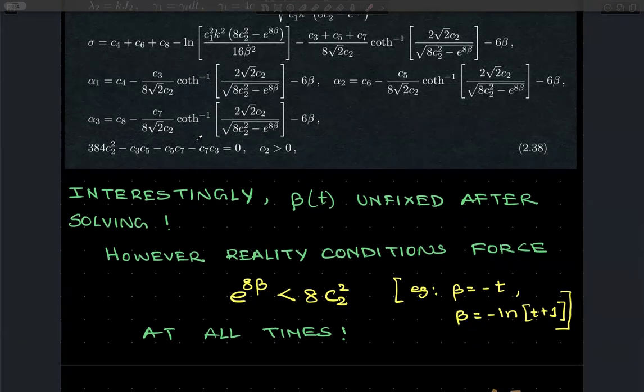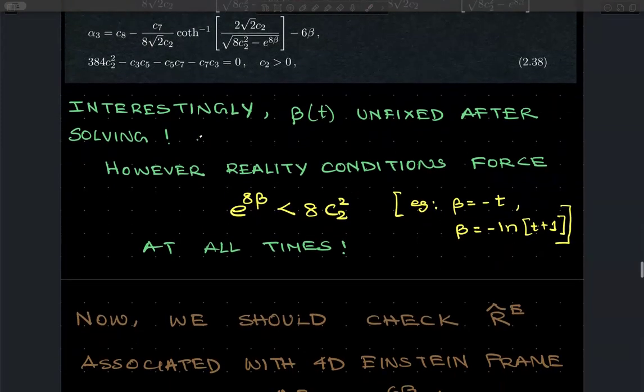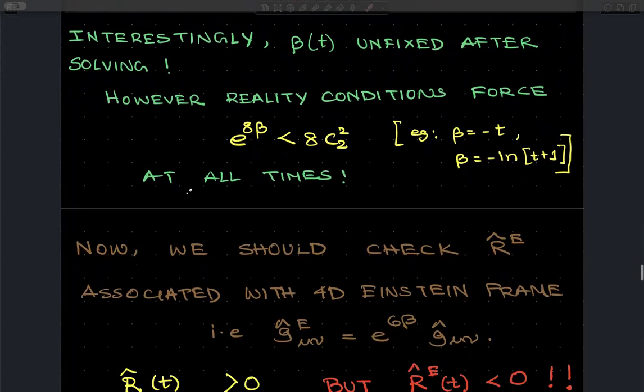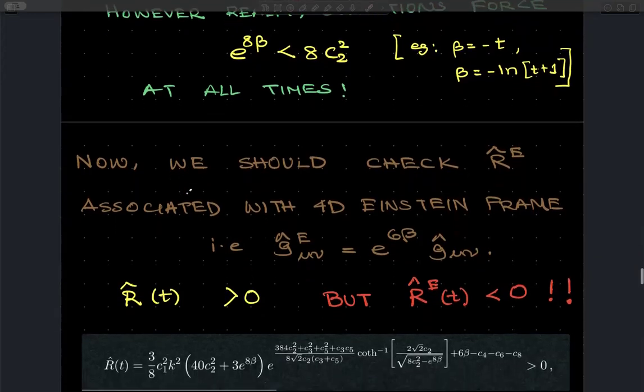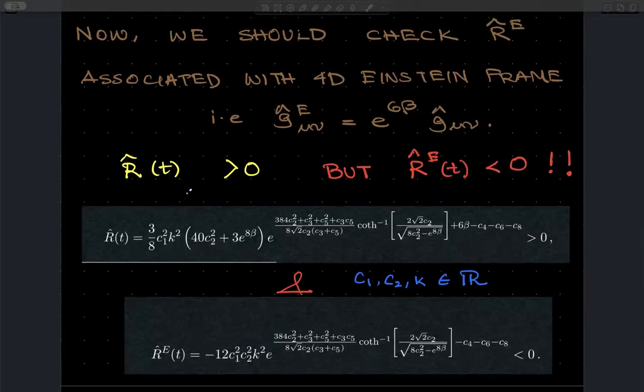This is the case where we have set G3 to be 0 and tau to be constant. Now we should check if we can get r hat e to be, what is r hat e? In our case, r hat is positive, but the Einstein-frame Ricci scalar turns out to be negative, and it is strictly negative.